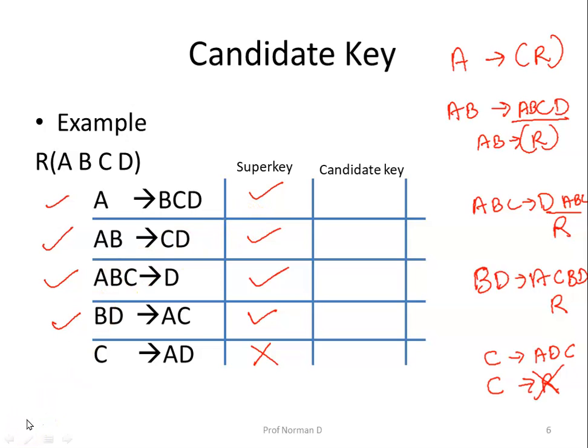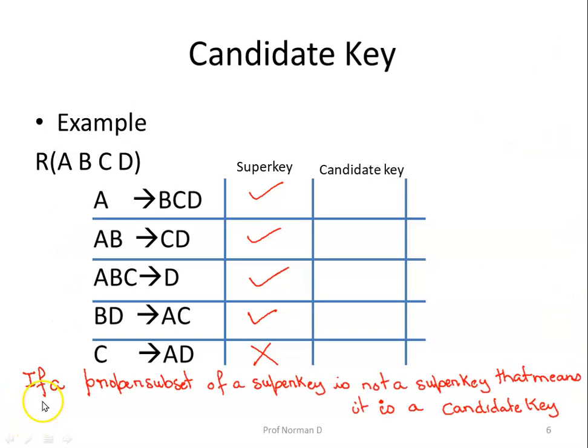A candidate key will be determined from a super key. A minimal super key is a candidate key. Now we'll try and find out which keys from here can become a candidate key.